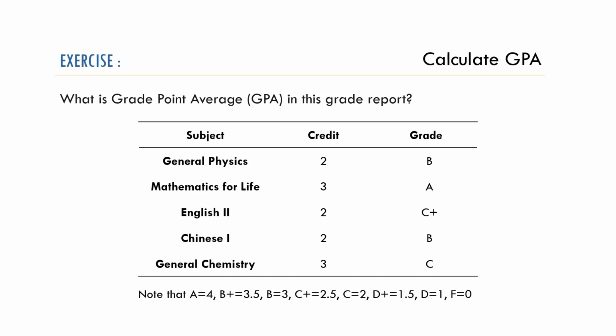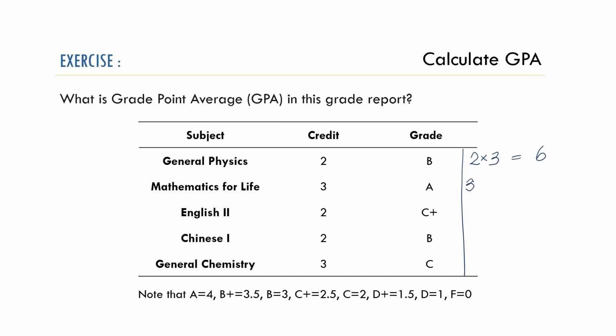So in this exercise, it looks like this person takes 5 classes. Each class has different credits, and this person also has different grades. So to find the grade points, you have to multiply the credits with the grades. Okay, so in here, credits is 2, the grade B represents 3, equal to 6.